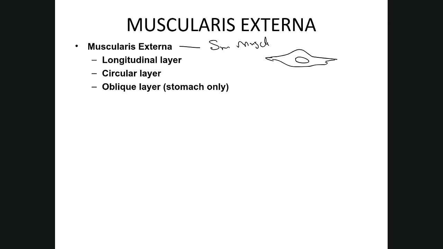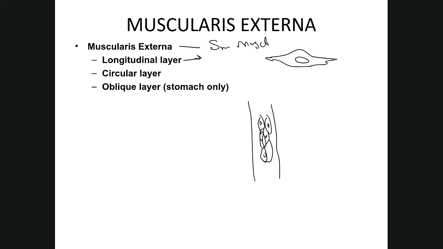And the direction that the cells are oriented tells us the name of the layer. So here, the cells are oriented up and down the tube, long ways. And so this is called the longitudinal layer.